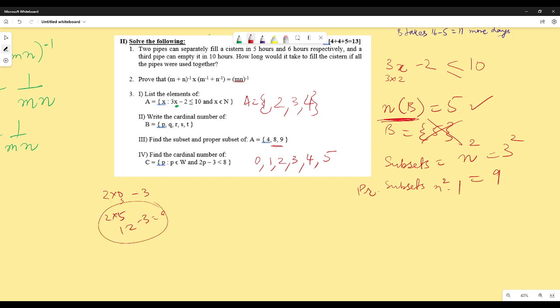So the elements will be 0, 1, 2, 3, 4, 5. These will be the elements of set C. But remember what the question says, find the cardinal number. So again you have to write n(C) is equal to 6, right?